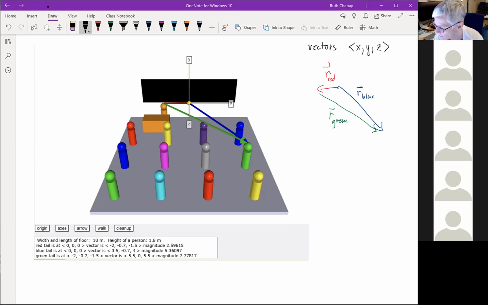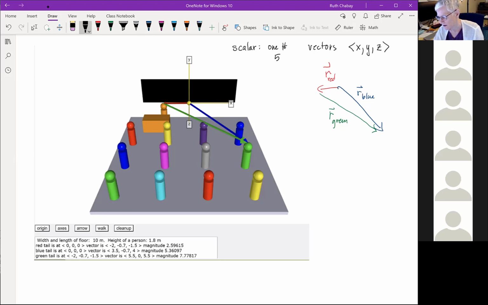A single number is a scalar, like one number, so 5 is a scalar. And we can do various things with vectors. We can add them and subtract them, for example.